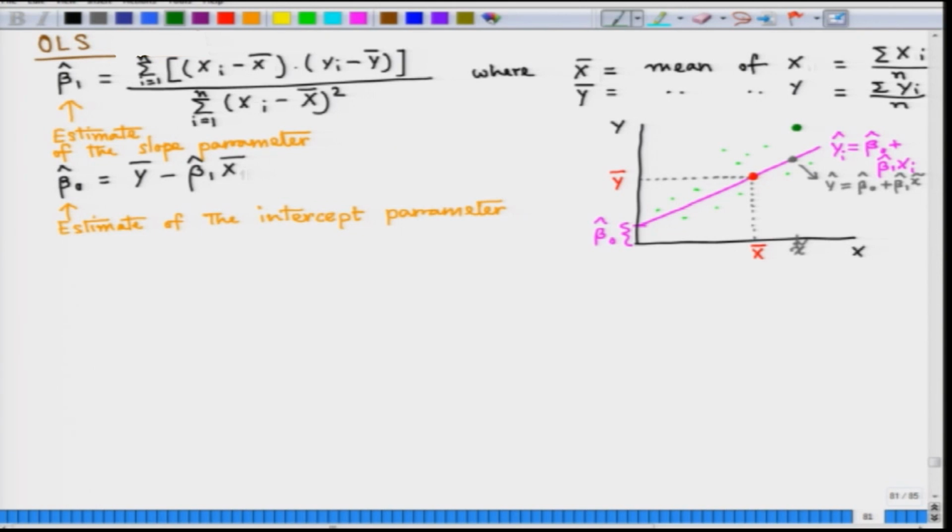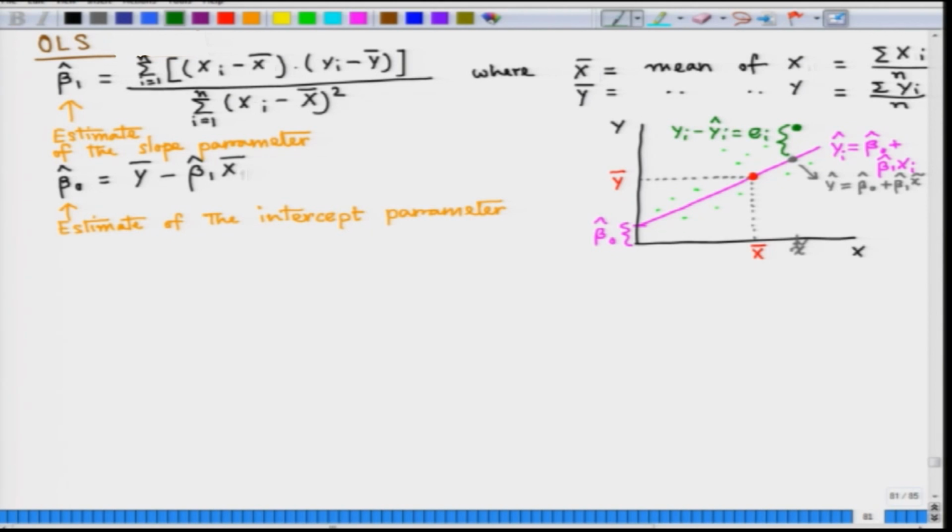In that case, this gap is my residual, e i, which is the difference between the actual value y i minus the fitted value.